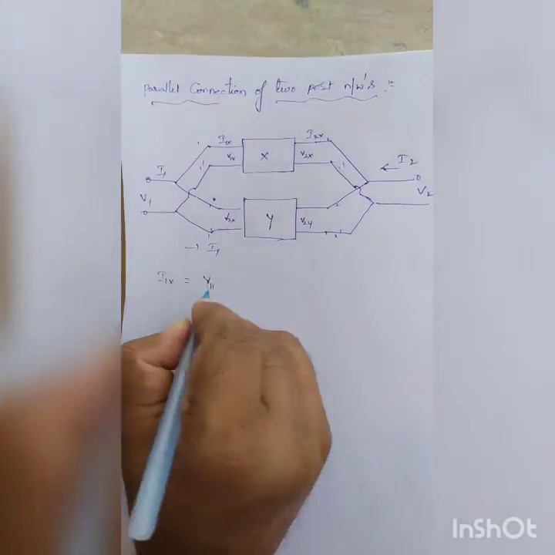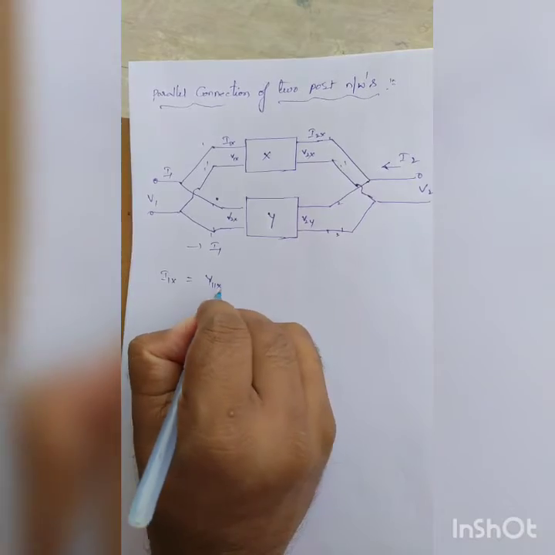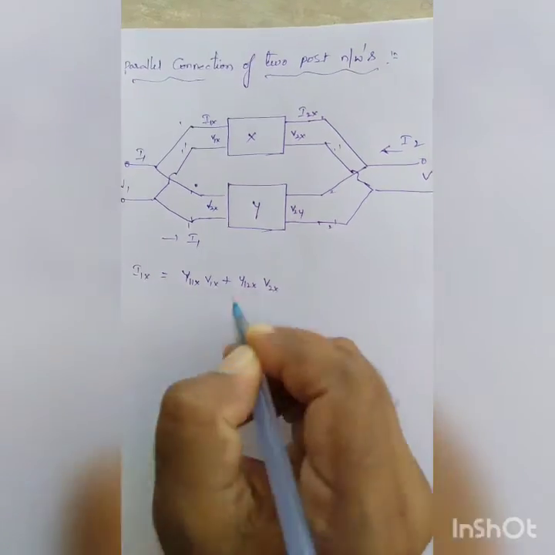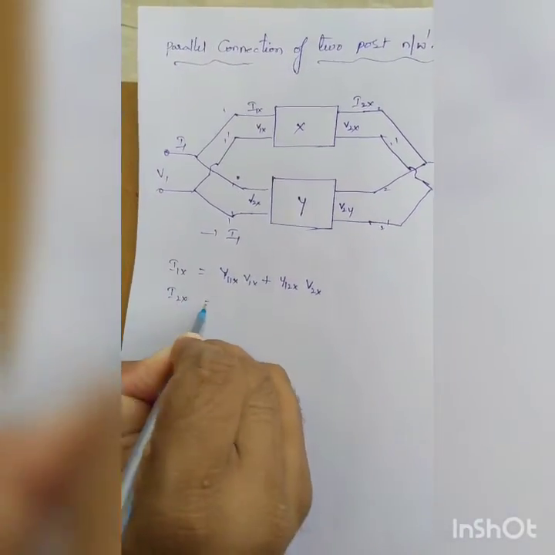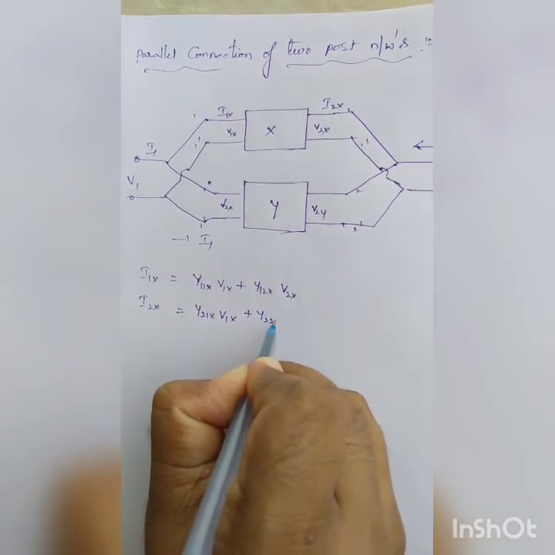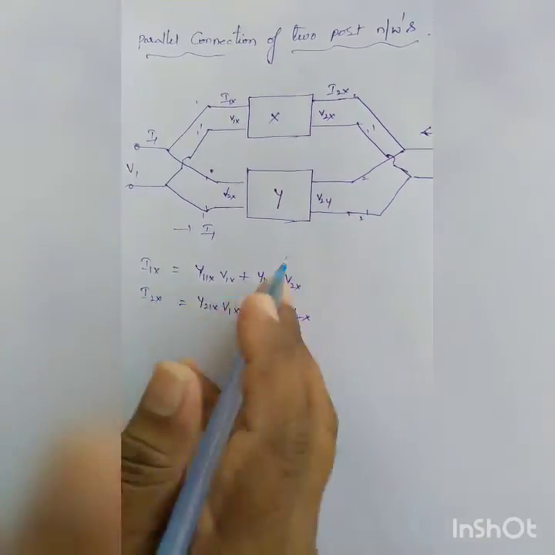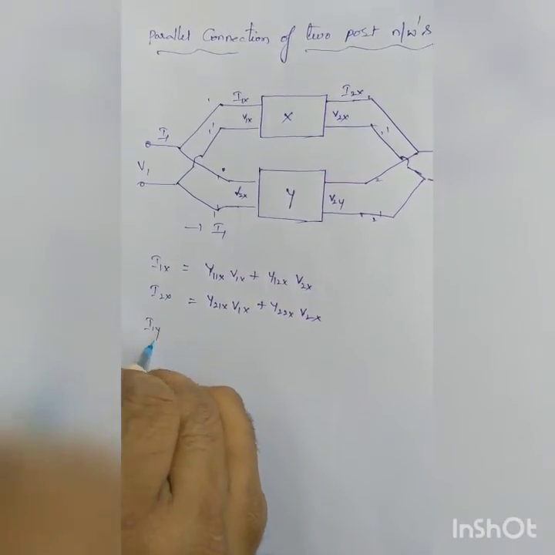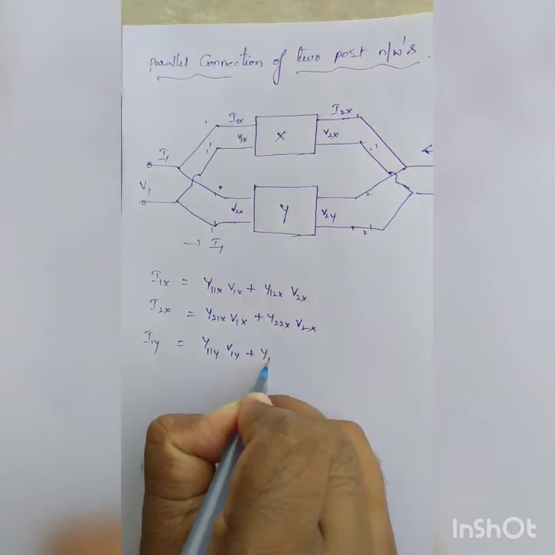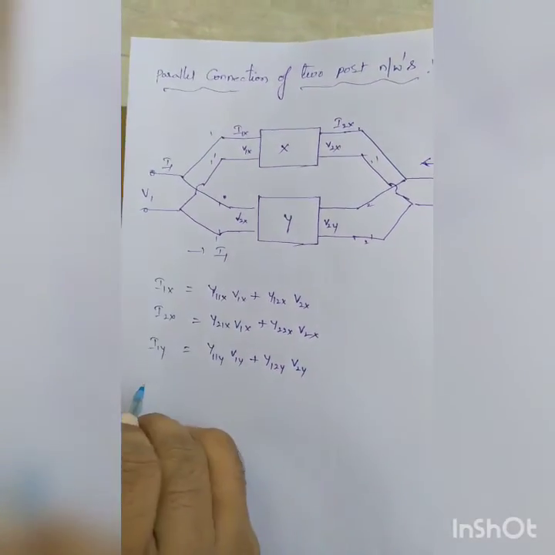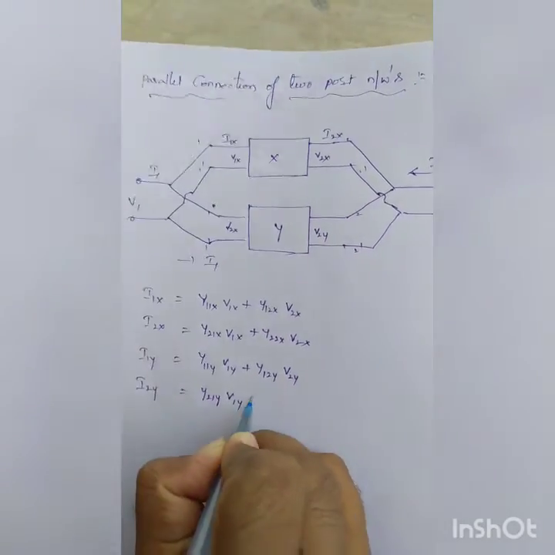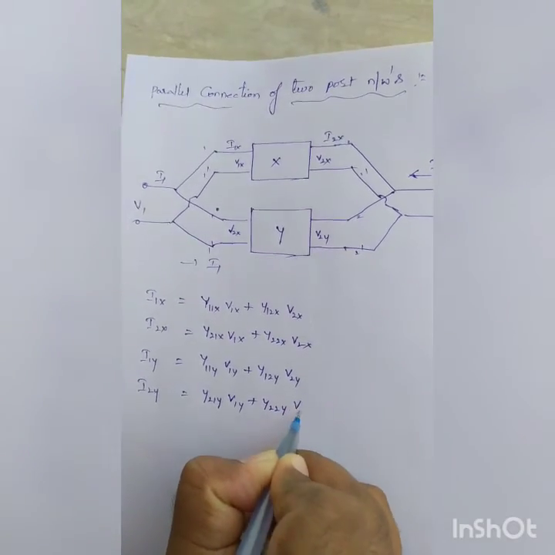That's why I1x is equal to Y11x V1x plus Y12x V2x, and I2x is equal to Y21x V1x plus Y22x V2x. Similarly for the y component, I1y is equal to Y11y V1y plus Y12y V2y, and I2y is equal to Y21y V1y plus Y22y V2y.